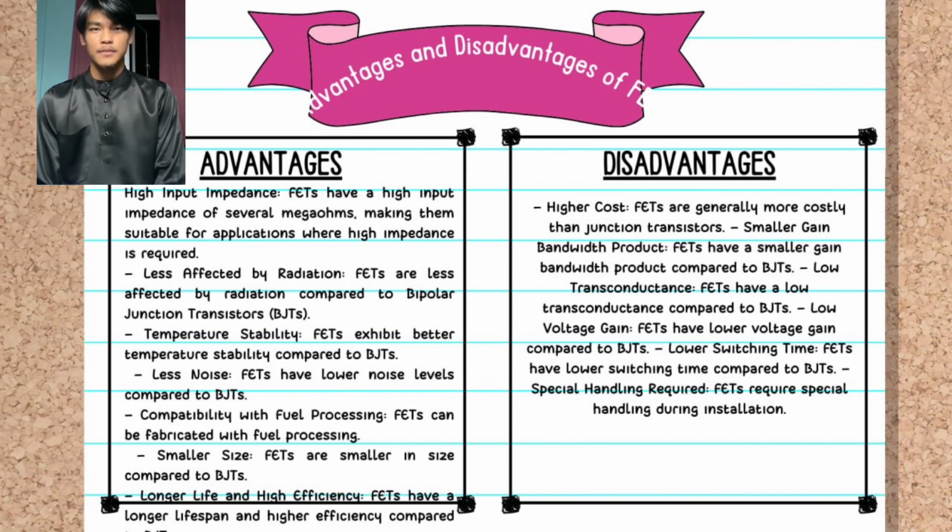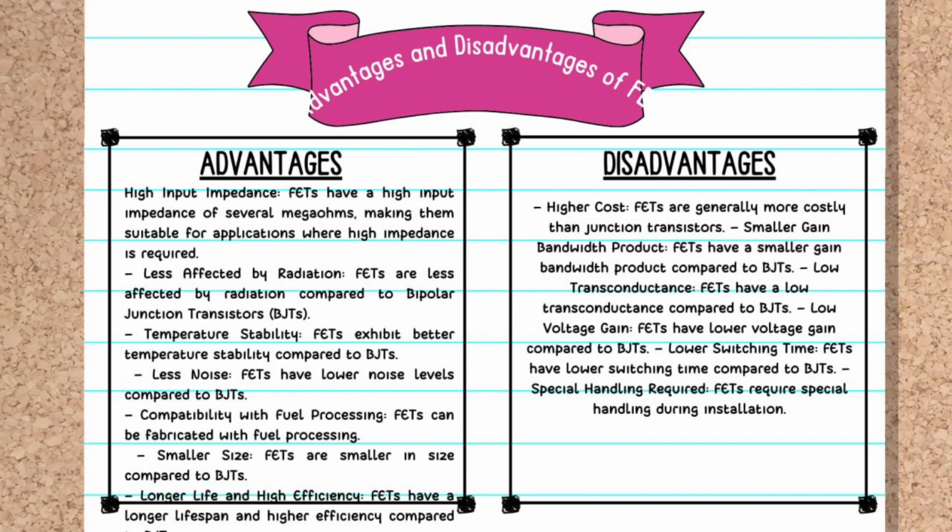FETs can be fabricated with full processing. And then a smaller size. FETs are small in size compared to bipolar junction transistors. And the last advantage is longer life and high efficiency. FETs have a longer lifespan and higher efficiency compared to bipolar junction transistors.